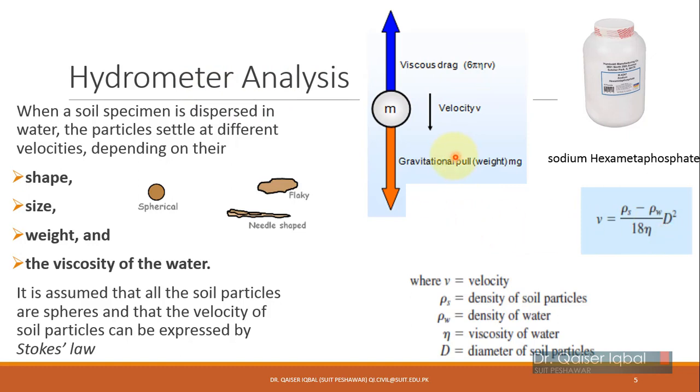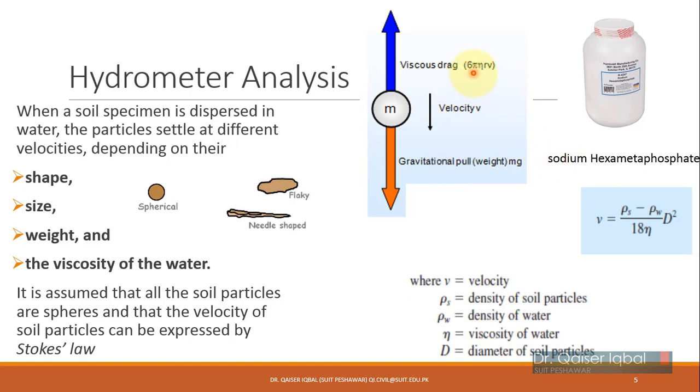From that we will be determining the particle size. So according to Stokes law, if you have this situation, then your settling velocity V will be equal to density of soil solids minus density of water divided by 18 eta into d square. This is simply determined from equilibrium of forces over here, of the gravitational forces and upward drag forces.